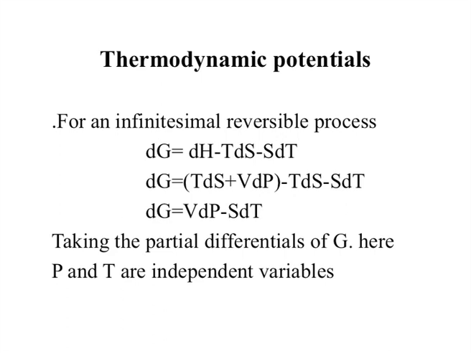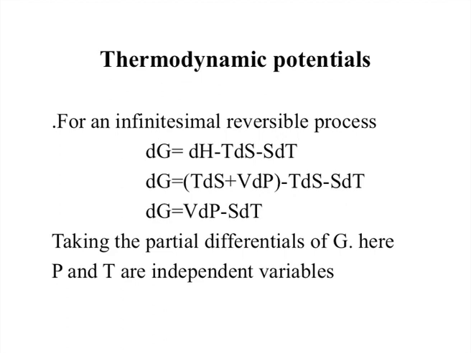From the change in enthalpy, we have dH is equal to TdS plus VdP. If you substitute this value in the above equation, we get dG is equal to TdS plus VdP minus TdS minus SdT. Therefore, dG is equal to VdP minus SdT.